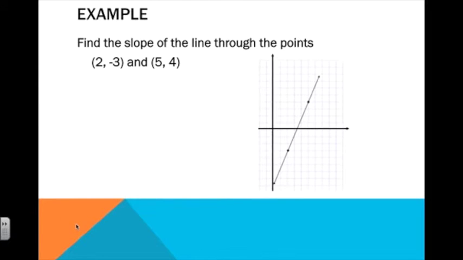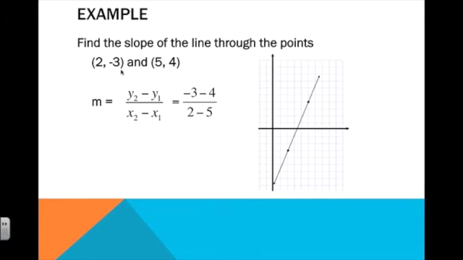Let's look at an example of this. Suppose we have the points (2, -3) and (5, 4). Using our slope formula, (y2 - y1) / (x2 - x1), we can plug in the coordinates of these points: negative 3 and 2.